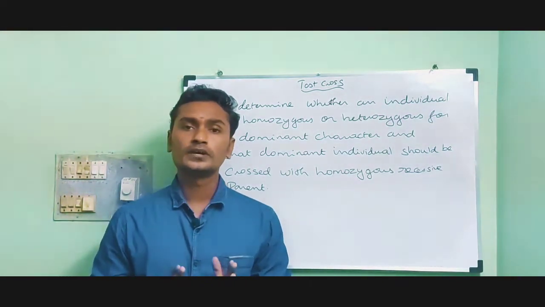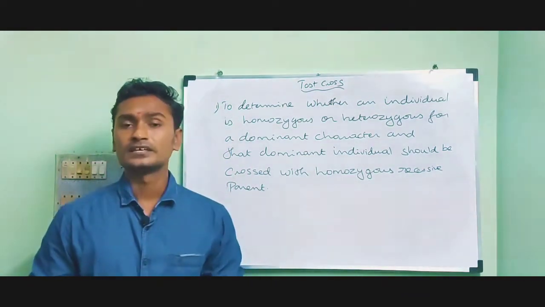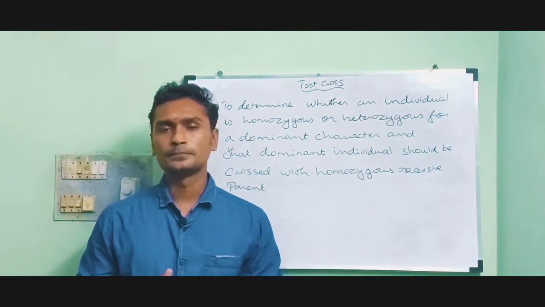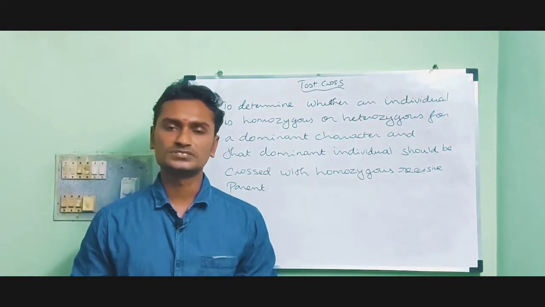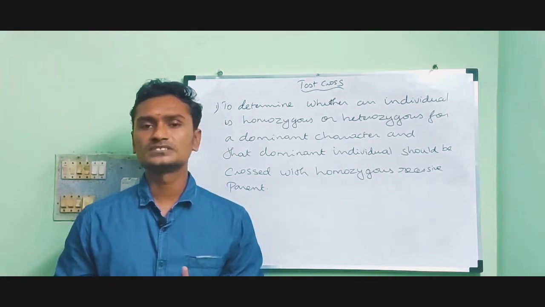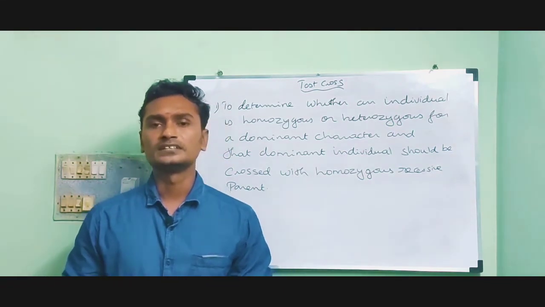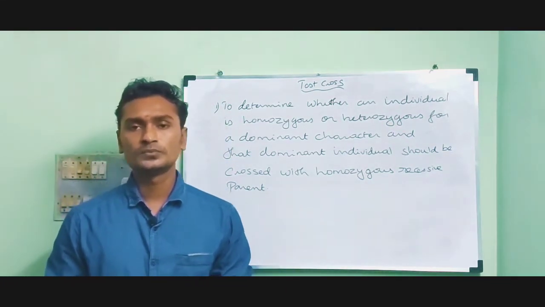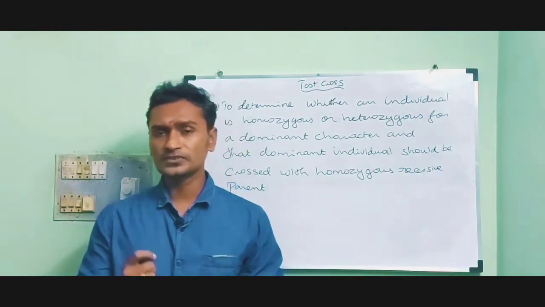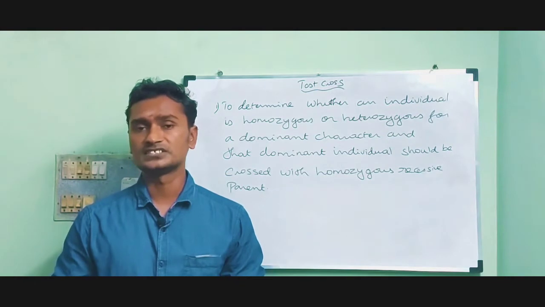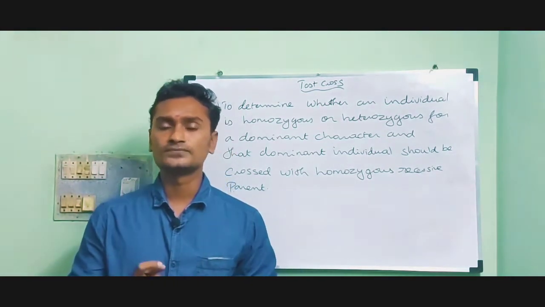Now I am going to tell you how Mendel constructed the test cross. In the monohybrid cross, Mendel observed that all the young ones were tall in the F1 generation, and in the F2 generation he observed both tall and dwarf plants in the ratio 3:1. So he self-pollinated the dwarf plant from the F2 generation, and he got dwarf plants in the F3 and F4 generations.